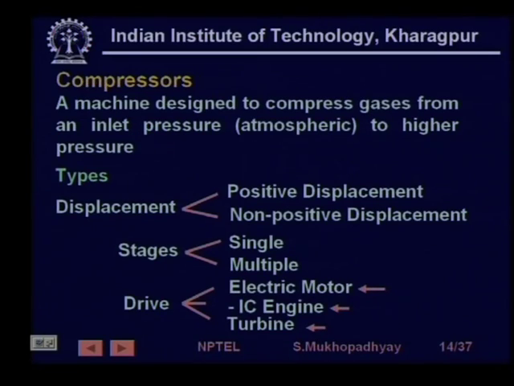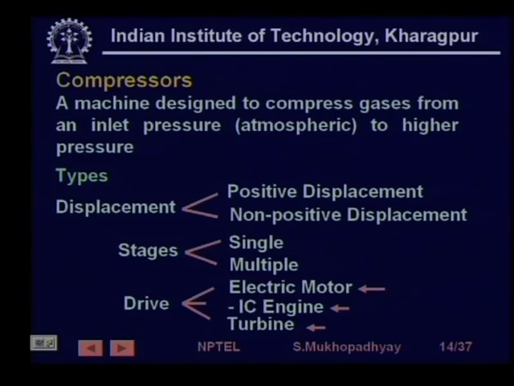The prime mover can be an electric motor, or an IC engine, or sometimes even a turbine with which the compressor will be coupled. So, in places where you have such turbines, you can actually use that energy for running the compressor.